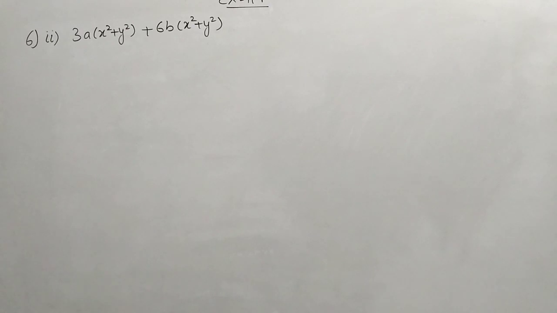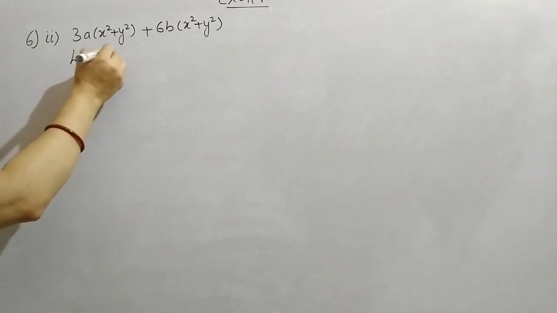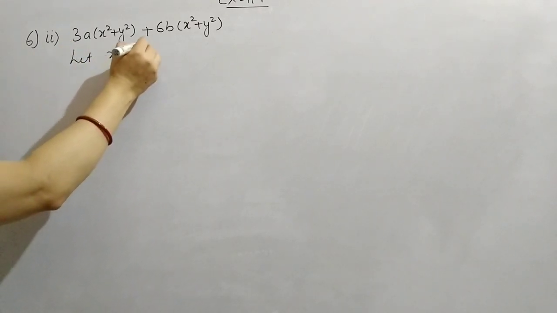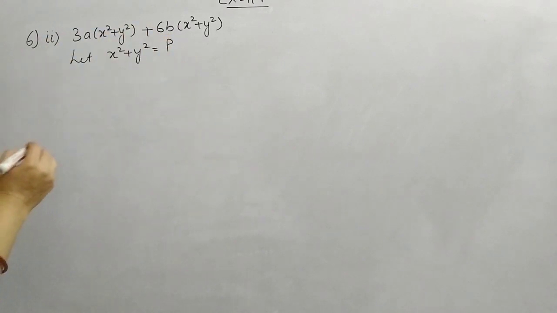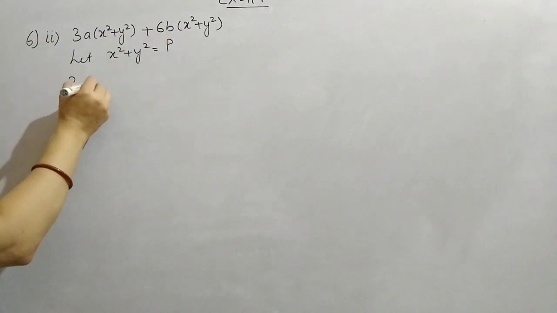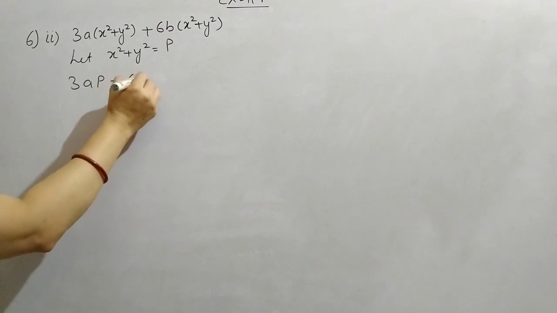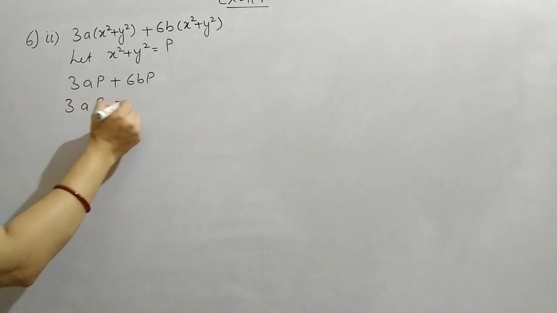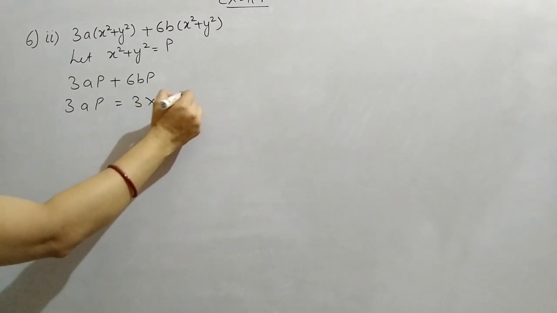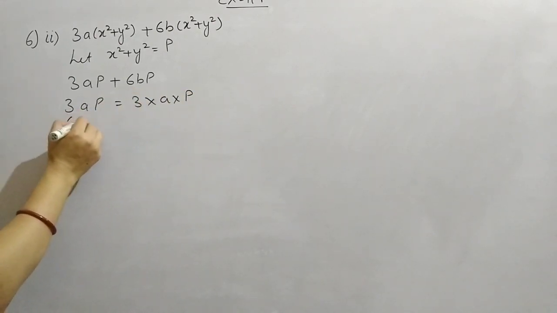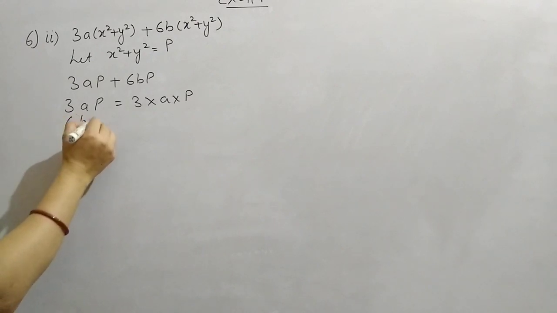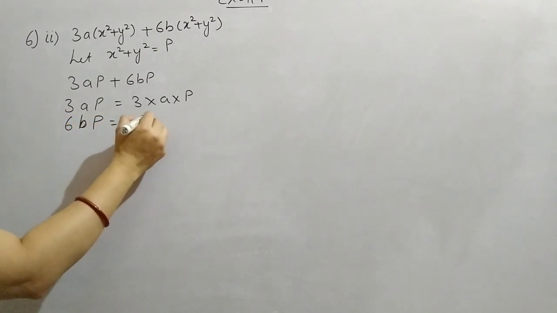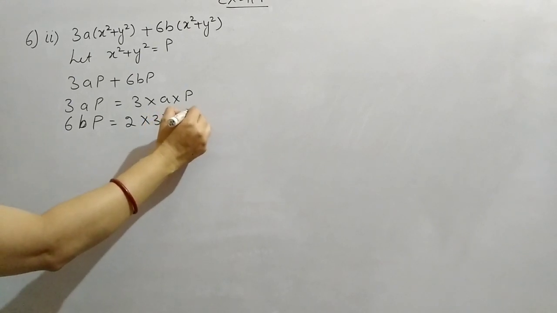Next, sixth, second part: 3a(x square plus y square) plus 6b(x square plus y square). Let this x square plus y square be equal to p. So it will become 3ap plus 6bp. If we factor 3ap, we get 3 into a into p. And if we factor 6bp, we get 2 into 3 into b into p.